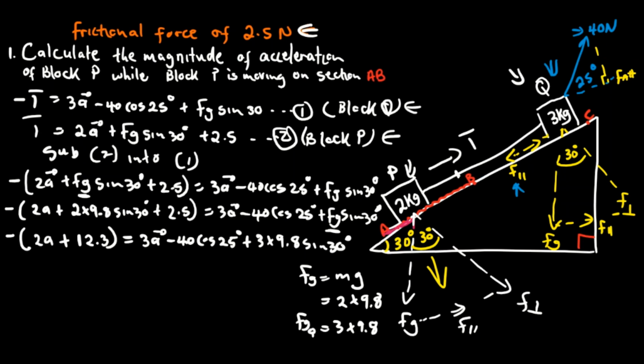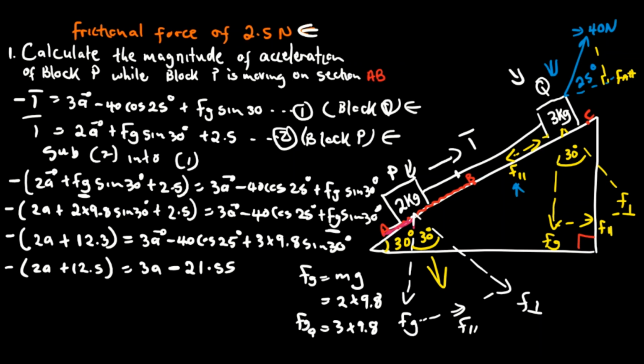So we're going to have minus into 2a plus 12.3 equals 3a. Now let me add: minus 40 cos of 25 plus 3 times 9.8 multiplied by sine of 30. I'm getting minus 21.55.